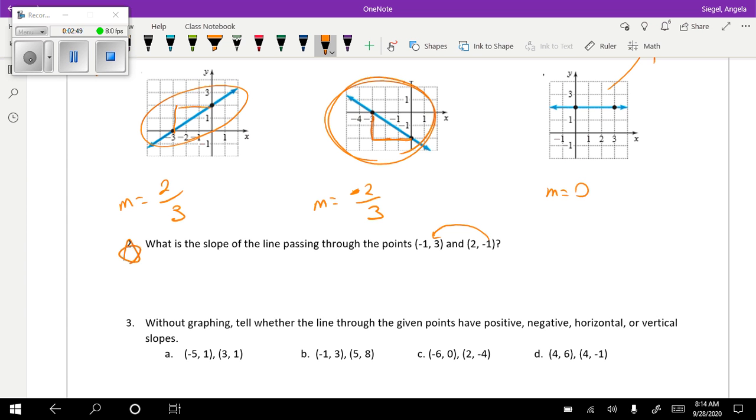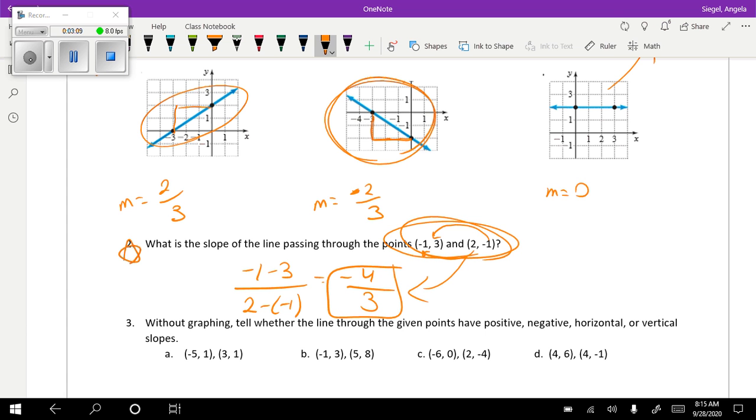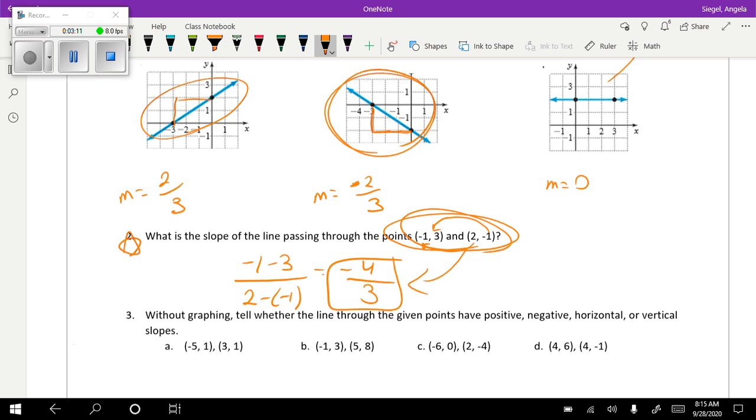So if you're going to go from left to right for your y's, you need to go from left to right for your x's. So it doesn't matter your direction, just keep it consistent. So I have -1 minus 3, and then I'm going to do 2 minus -1. So this is -4 thirds. So the slope for this is -4 thirds.